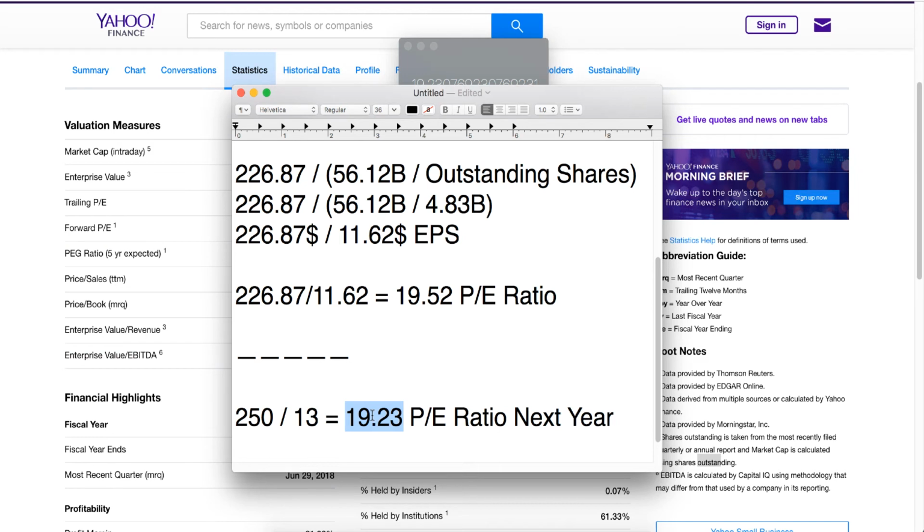So it may not be necessarily correct, but if we're talking about a normalized situation like this one, we know that the PE ratio is lower now, and this basically means the company is a better value now.